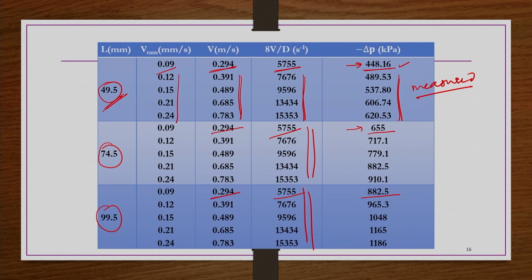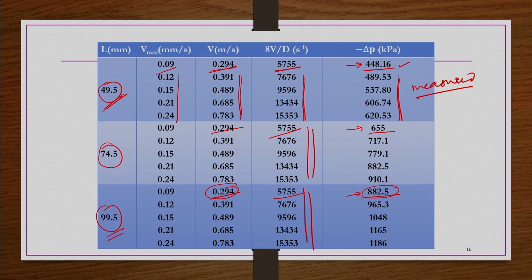If you use a still longer capillary of 99.5 mm, you have to provide 882.5 kilopascals of pressure drop to get the same capillary velocity.